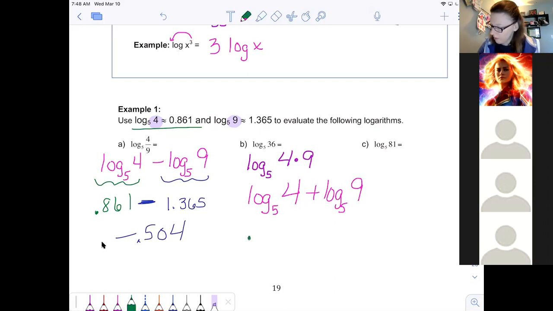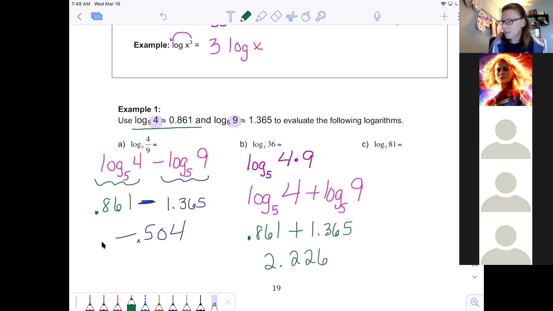And then we would have 0.861 plus 1.365. And Faith, if you add those two numbers together, what do you end up getting? 2.226. Yeah, nice job. Good.